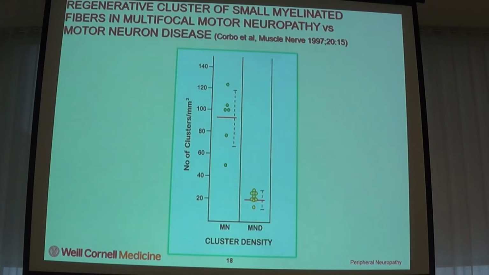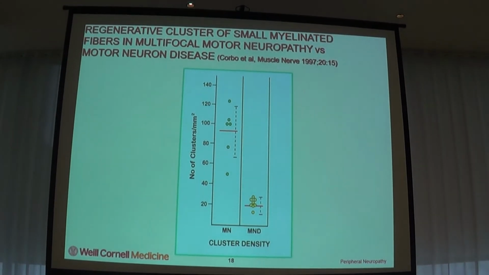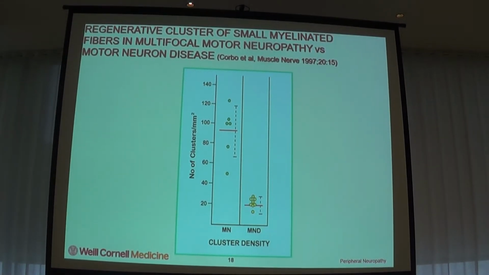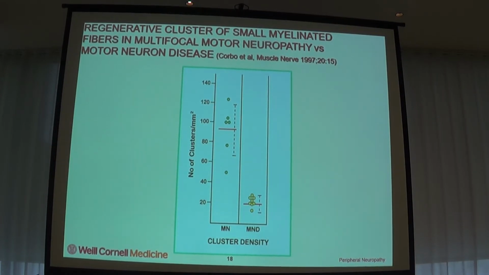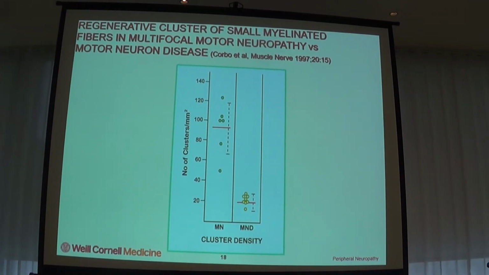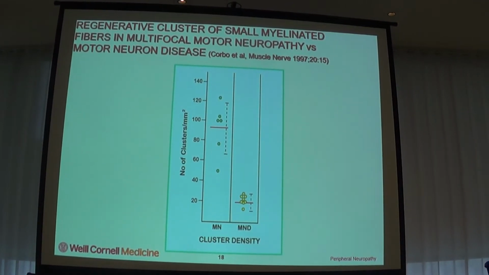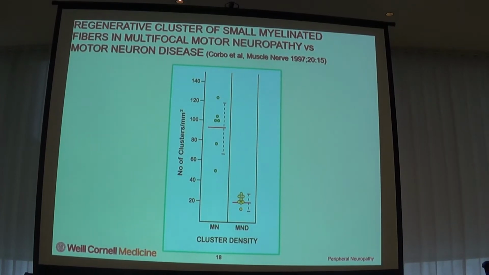So for example, if you look at the number of axonal clusters in motor neuron disease on the right, or in motor neuropathy on the left, you can see a lot more clusters on the left. That could help distinguish between the two conditions. So if the other tests are not definitive, then this motor nerve biopsy could help distinguish between the two conditions. And again, that's an important distinction. Neuropathy is treatable, motor neuron disease is not.